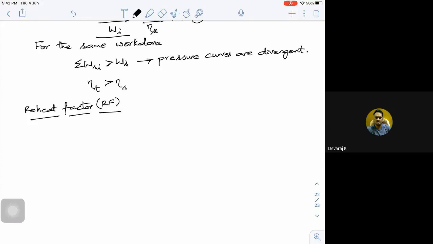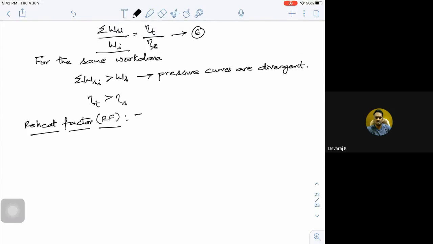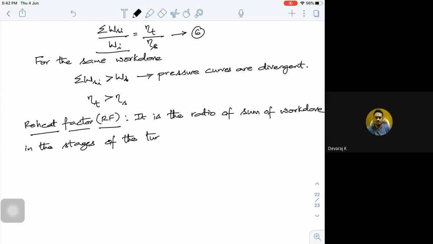What is it actually? It is defined as the ratio of sum of work done in the stages of the turbine to the work done in a single stage of the turbine.